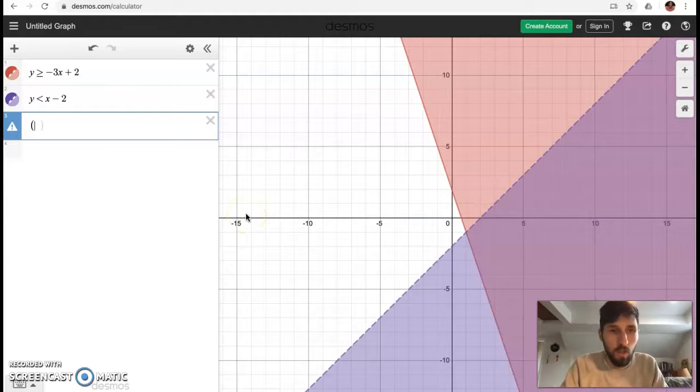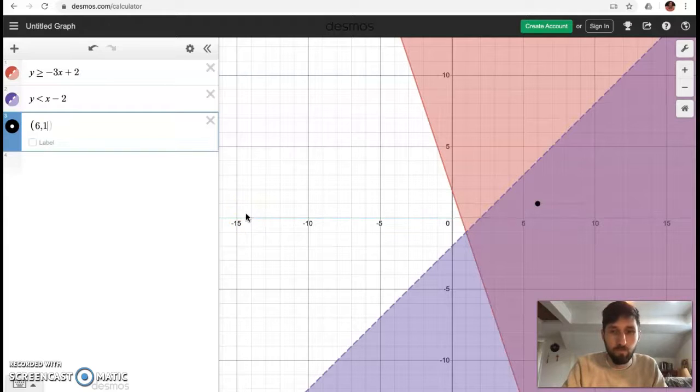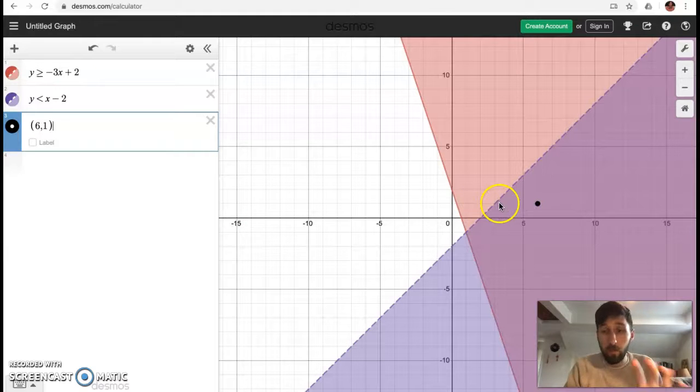So for instance, let's do the point 6, 1. This point over here is going to be a solution to the system because it is simultaneously a solution to the red line, y is greater than negative 3x plus 2, and it's also a solution to the second one, y is less than x minus 2.